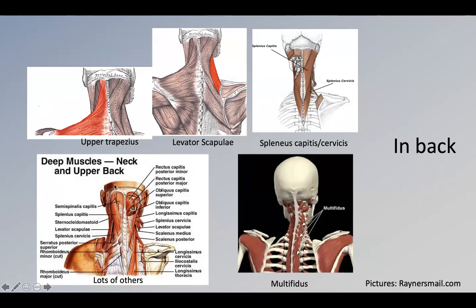Then a whole bunch of deep muscles, which become important, but I think in year one, we're not going to get into these in some detail, but the semispinalis, the rectus capitis, obliquus capitis, et cetera, right? And the very deep muscle that you'll learn more about, especially with EMG, is the multifidus muscle, which goes from a spinous process down to 2 or 3 or 4 or 5 or 6 or 7 transverse processes in the back. So it's a multi-pennate muscle.